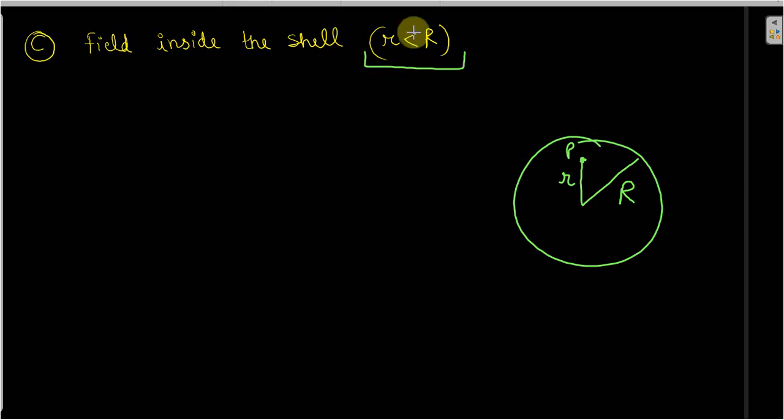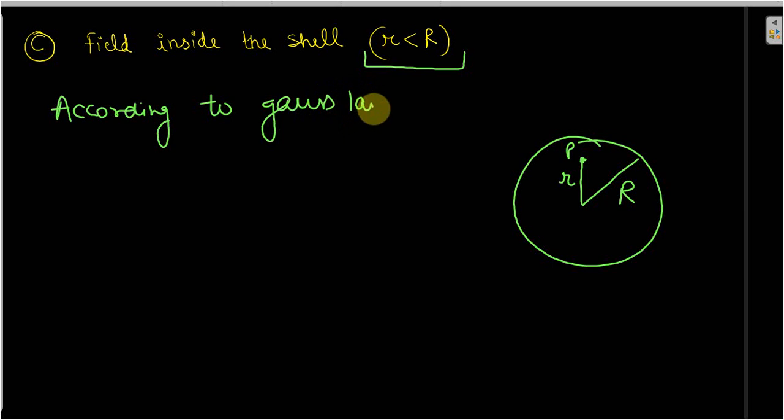So you can write r is less than R. According to Gauss law or Gauss theorem, you can write the electric field E dot dS equal to Q by epsilon naught.